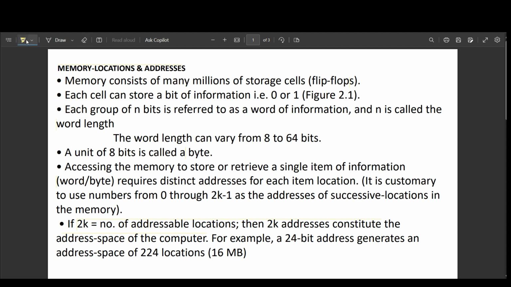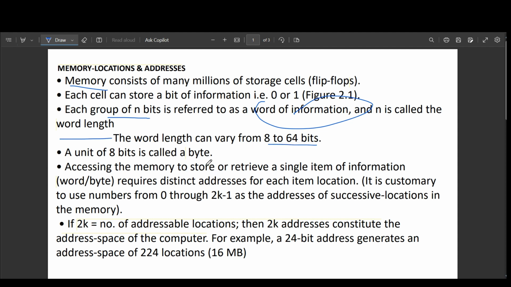Let's recap whatever we learned in this video. In this video, I have told you all about memory. Memory means storage cells, not just one or two but millions of storage cells. A storage cell is equal to a flip flop. A flip flop stores either one or zero, that is a bit of information, and a group of n bits is referred to as a word of information, and n is the word length, which can vary from 8 to 64 bits.